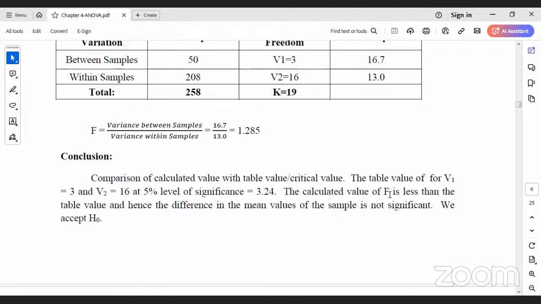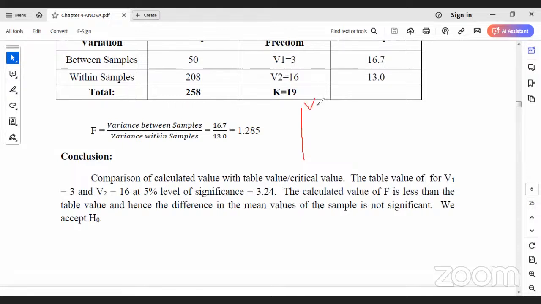So the table value for V1 equal to 3 and V2 equal to 16 at 5% LOS is 3.24. You observe carefully here, the table will be there like this.